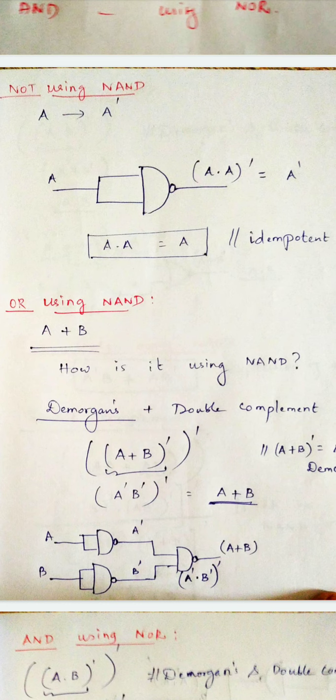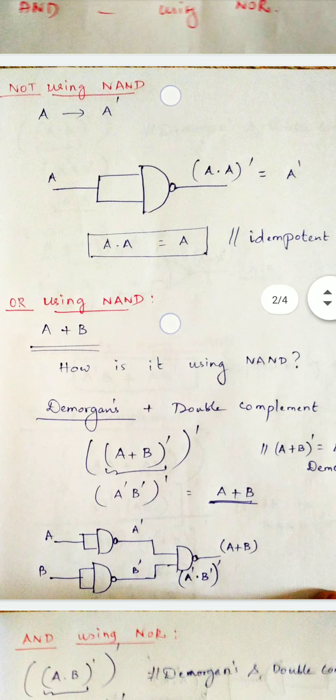A dash. So I am going to use NAND gate. If I use NAND gate, automatically I will get a complemented output, because N always means negated. So one thing I require is the product form, and I get the product form for a single input using idempotent law.